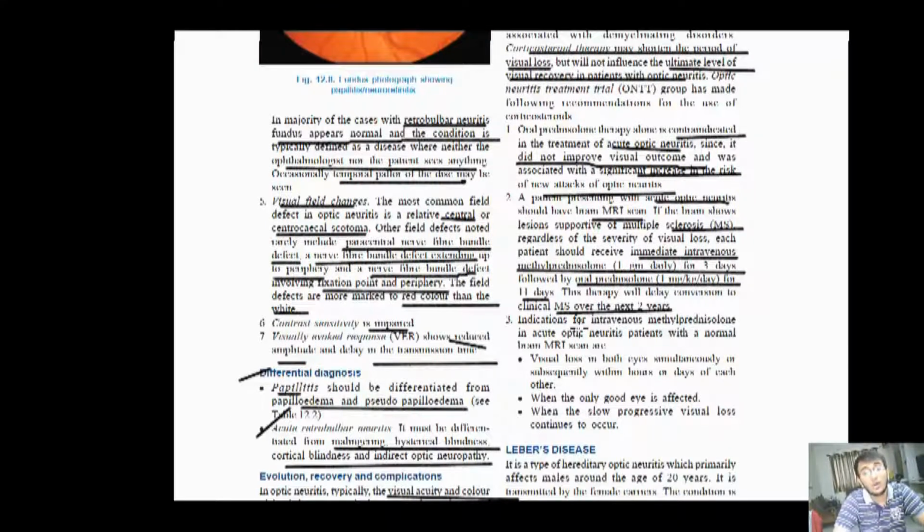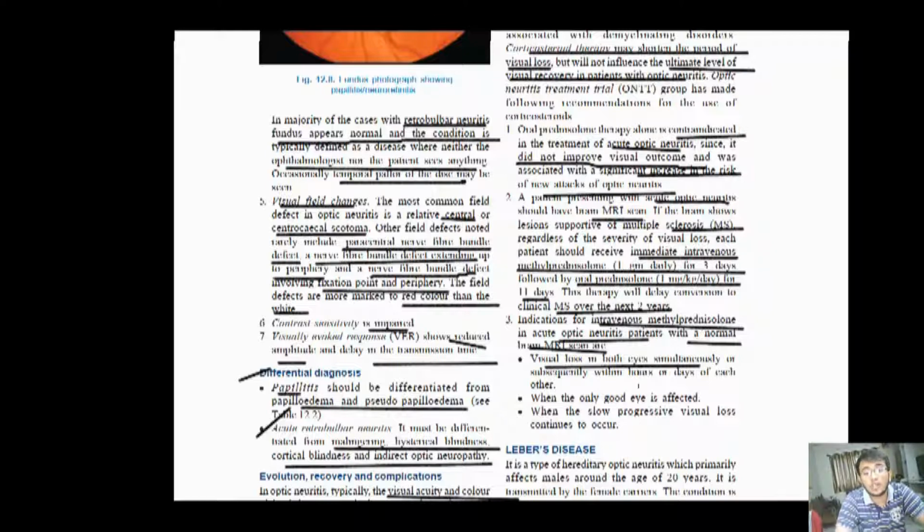Third, what are the indications for IV methylprednisolone in an acute optic neuritis patient with a normal MRI of the brain? First indication is visual loss in both the eyes simultaneously. Give him IV methylprednisolone 1 gram per day for 3 days.